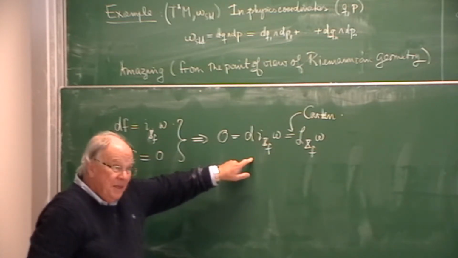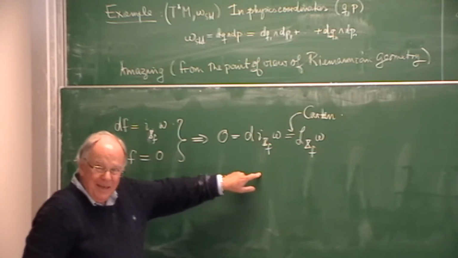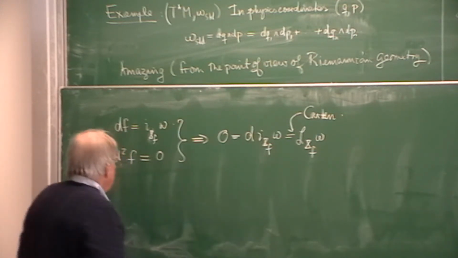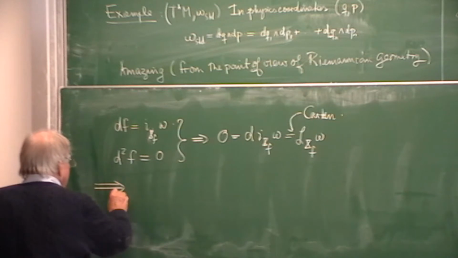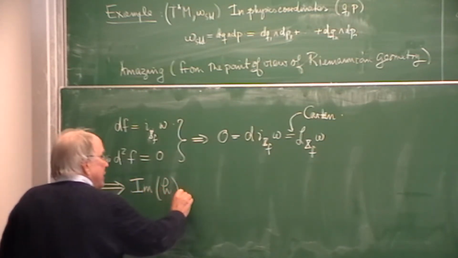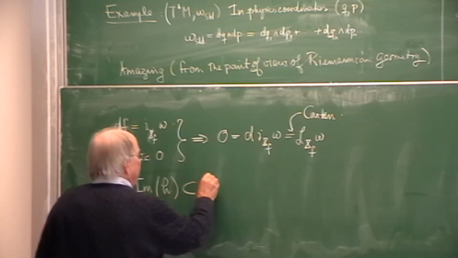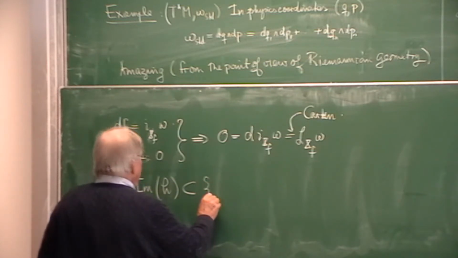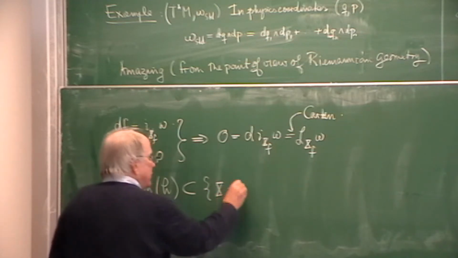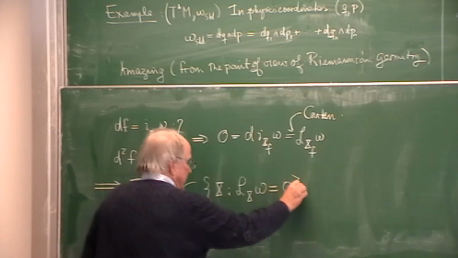Omega is closed, so d omega is 0, so that term is 0, so this is the Lie derivative. This says that the image of the Hamiltonian map is contained in the set of vector fields such that the Lie derivative of omega is 0.